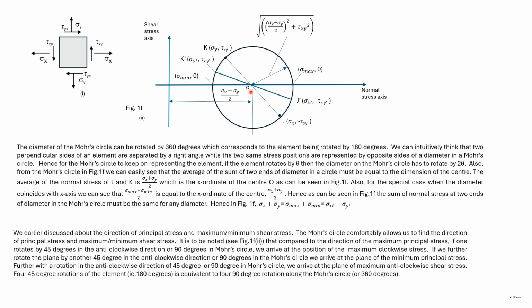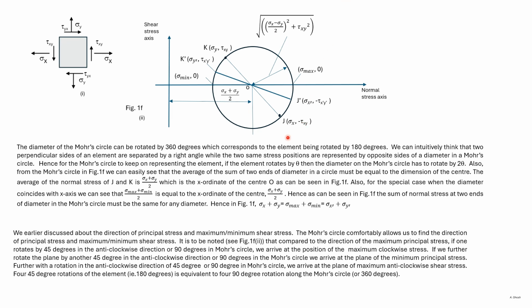Now the center of the Mohr circle is given by (sigma x plus sigma y) divided by 2. If we consider the principal planes, then the center is given by (sigma max plus sigma min) divided by 2. This is the same with any arbitrary diameter of the Mohr circle.